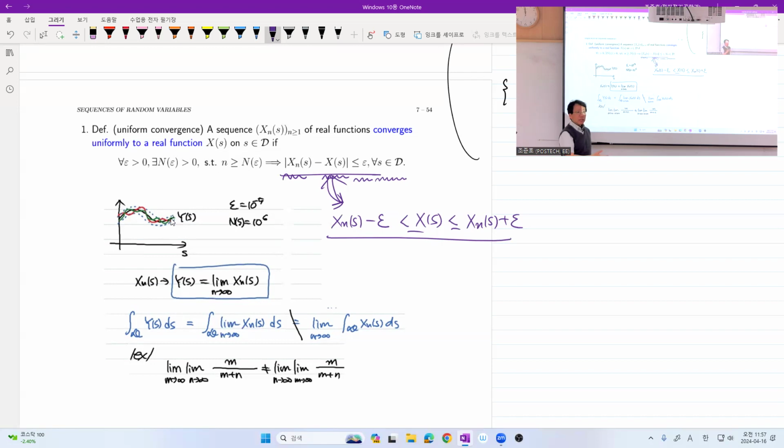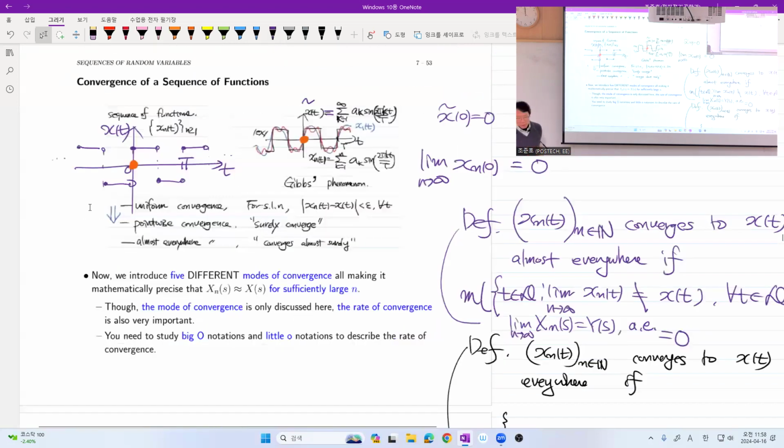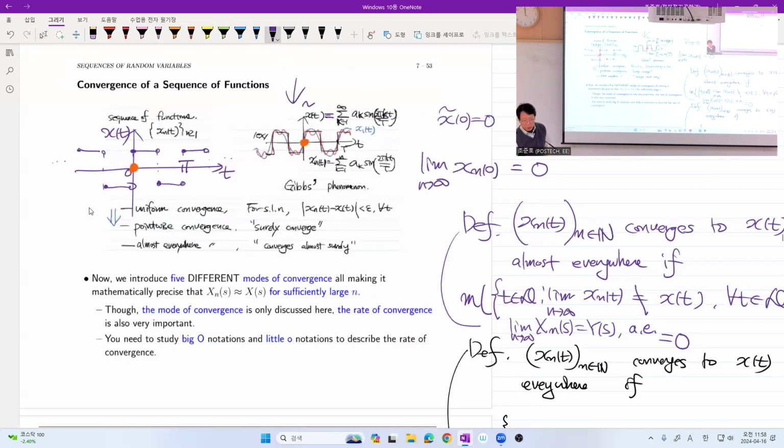But as you learned in signals and systems, the simple Fourier series gives you the so-called Gibbs phenomenon. That is the phenomenon discovered by Gibbs, not Gibb, okay? Gibbs is the last name. So Gibbs showed this famous function, and its sequence gives you strange behavior.